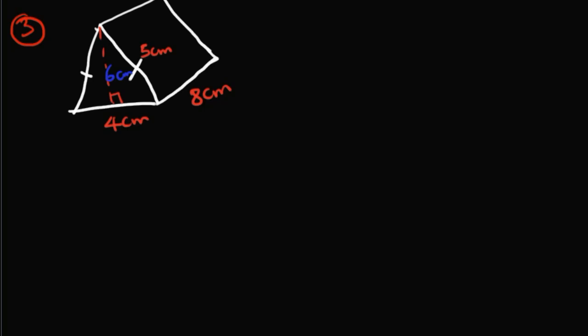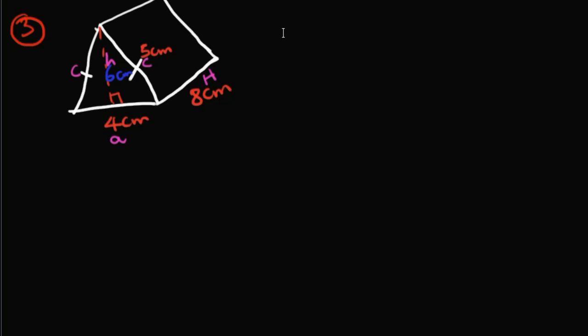So for an isosceles triangular prism, it's a bit special. This is A, and we can call this height of an isosceles triangle. This is C, this is C, and we can say this is height of an isosceles triangular prism.